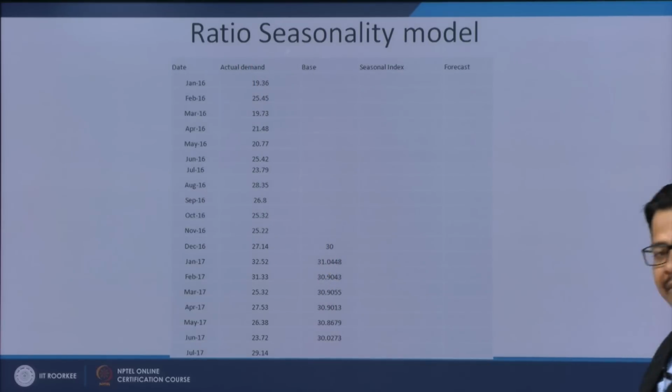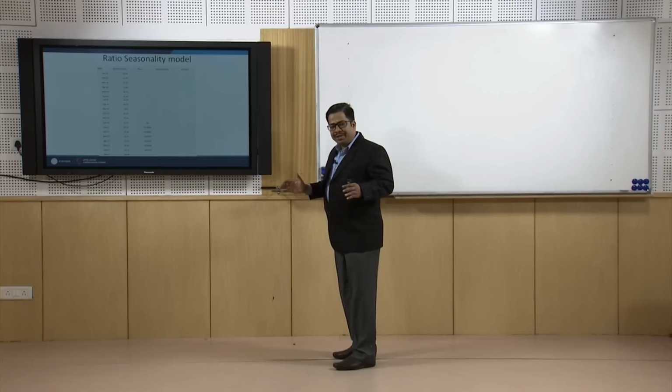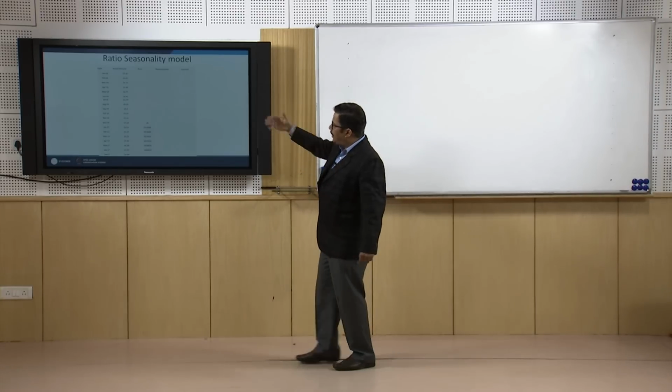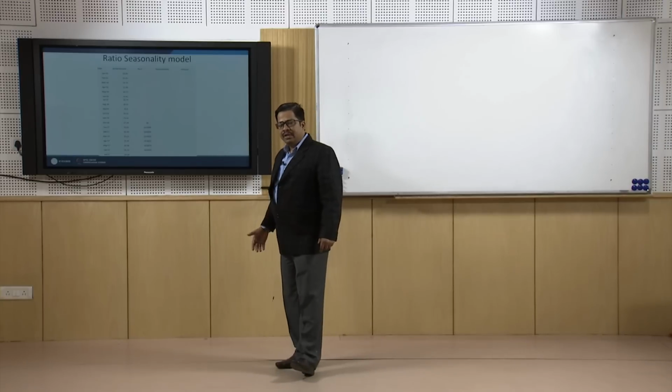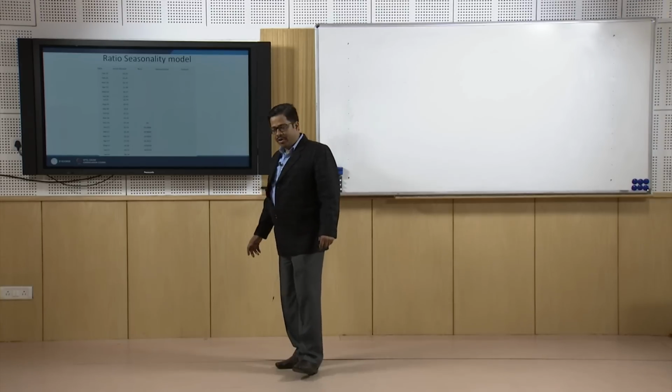In our earlier two cases we discussed the basic exponential smoothing model where there is no trend and no seasonality. Then we also discussed the case of the linear trend exponential smoothing model, and now we are moving to the third category of exponential smoothing models, that is the ratio seasonality model.